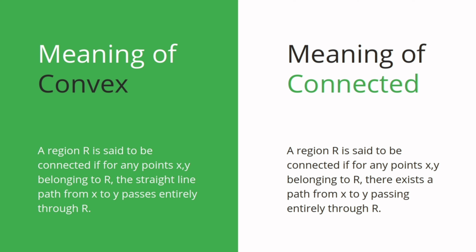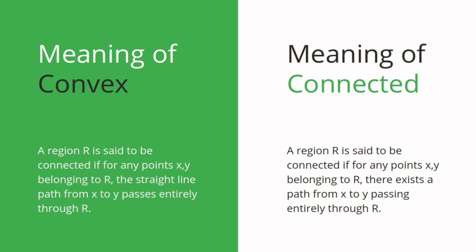Now what is the meaning of a connected region? A region R is said to be connected if for any points x and y belonging to R, there exists a path from x to y passing entirely through R. Which means for a given region, if there are 2 points x and y such that there is a path to reach from x to y, and if this path lies in that region, then the region is said to be connected.